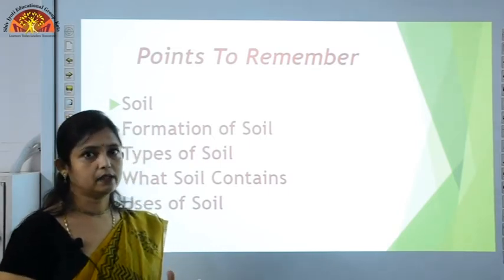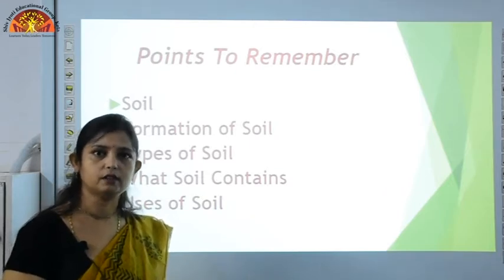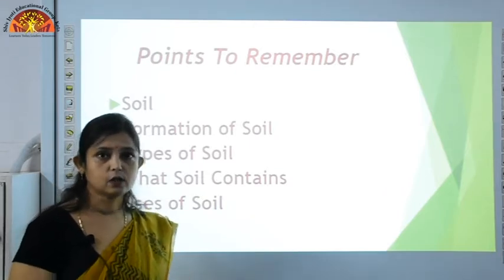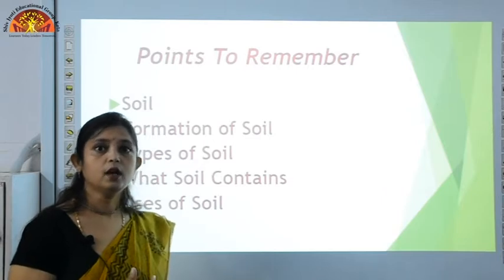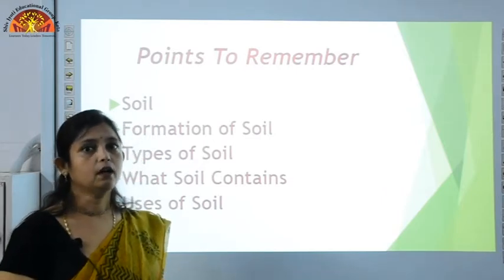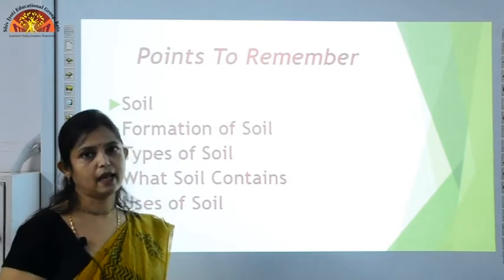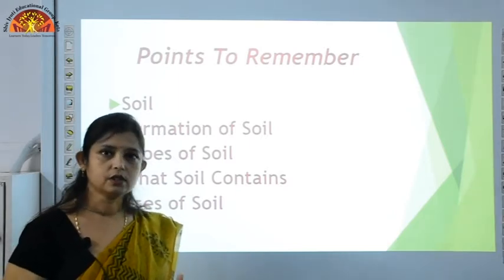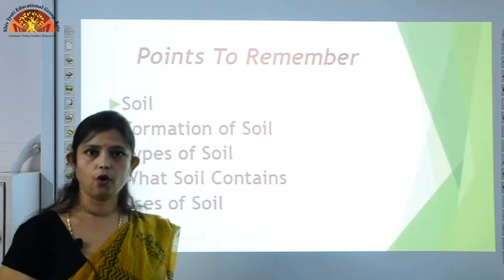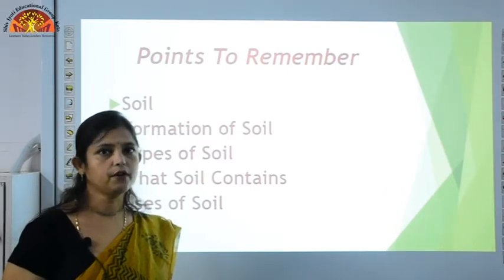These pieces break down into smaller pieces, and they keep on breaking down into further smaller pieces. These smaller pieces then convert into tiny particles. When these particles mix with the remains of dead plants and animals, they form soil. So, this is how soil is formed. It is a continuous process which takes thousands of years.